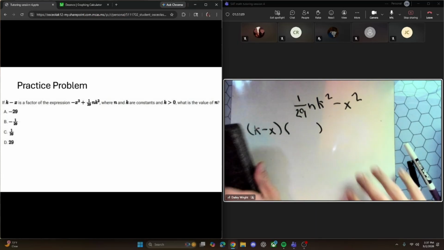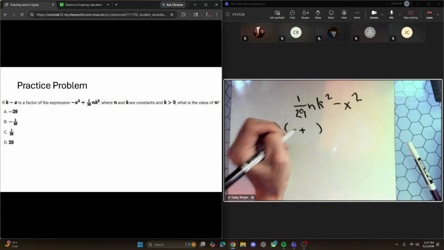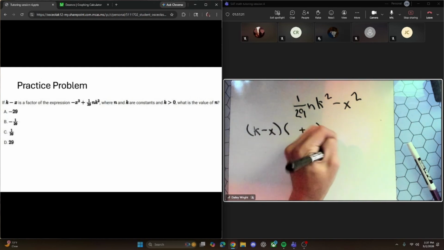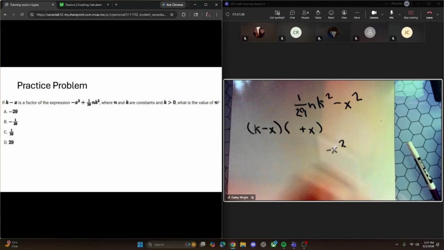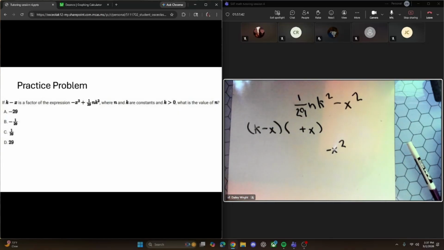So you have 1 over 29 times n k squared minus x squared. That's going to be your difference of squares factors. So that's going to be k minus x times, you have x squared in the back, so it's going to be plus x. So negative x plus x is going to give you that negative x squared in the back. So you can see that that's already going to be your second factor. And then how do we get to 1 over 29 times n?